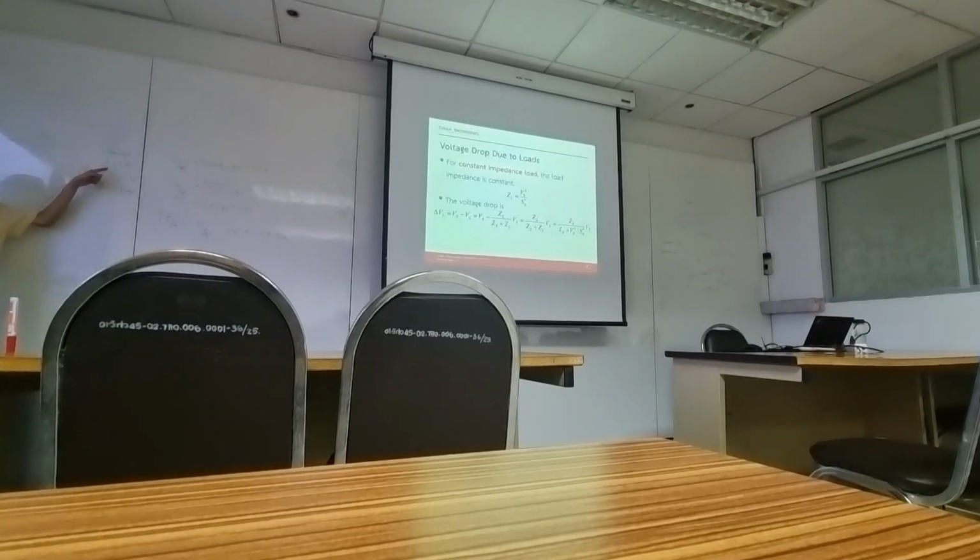If the voltage is not this one, P and Q will change, right? Because this is constant impedance load. For constant impedance load, it means the impedance ZL is constant, but P and Q will vary when the voltage varies.